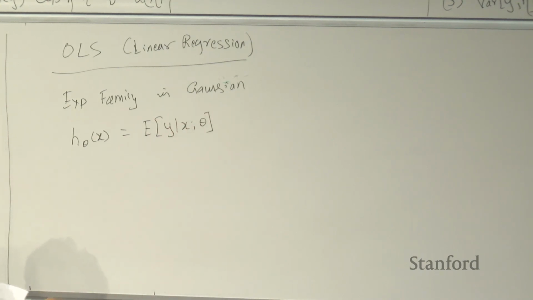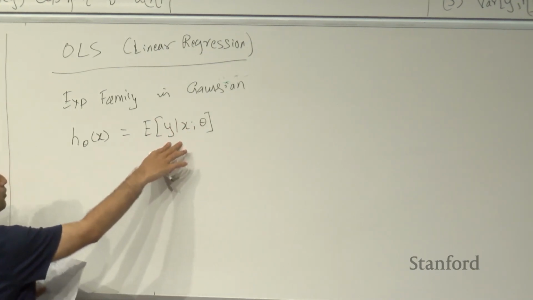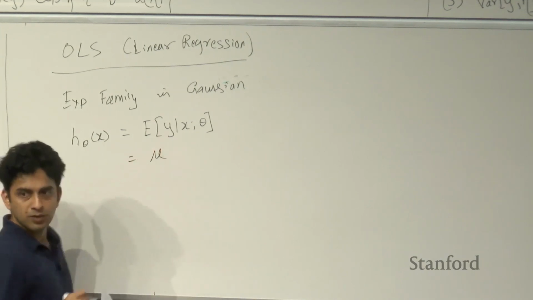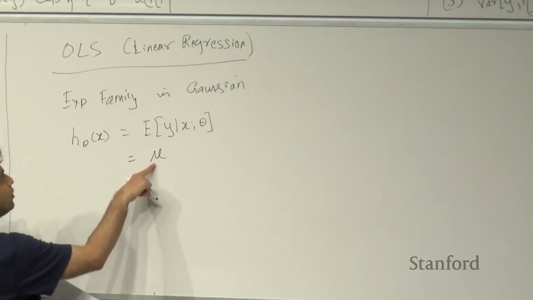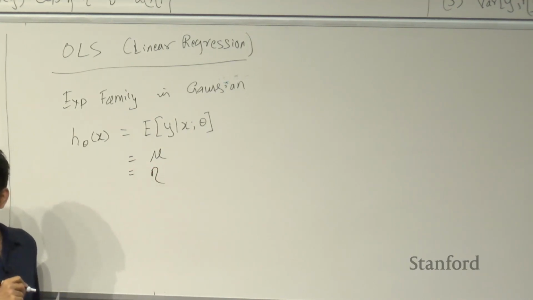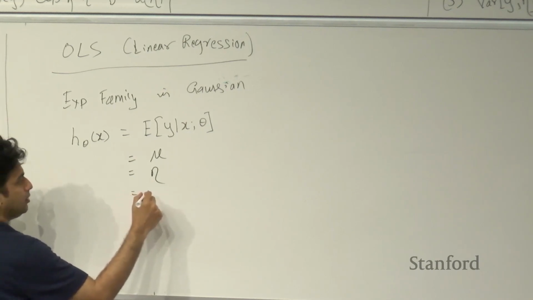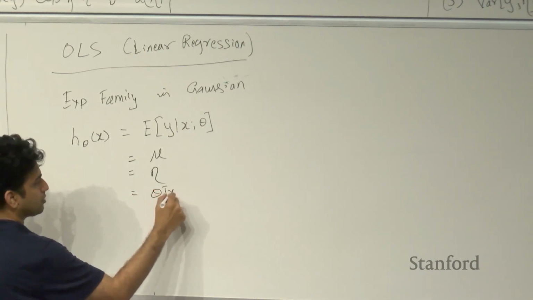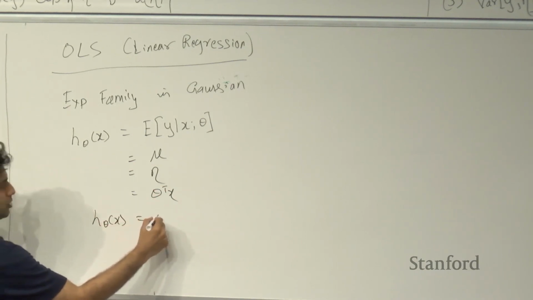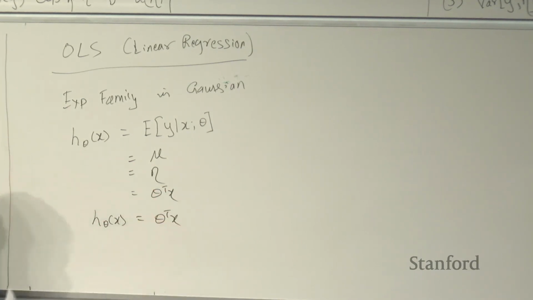And we saw that the mean of a Gaussian is just mu, and mu as a function of eta was just eta. And eta is equal to theta transpose x. So we basically get h_theta(x) equals theta transpose x. And that was our hypothesis for linear regression.